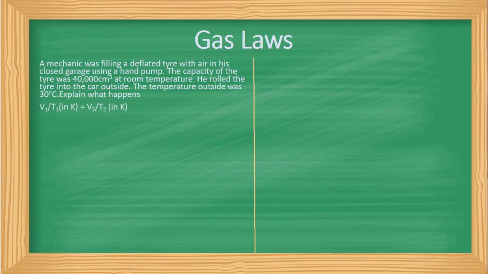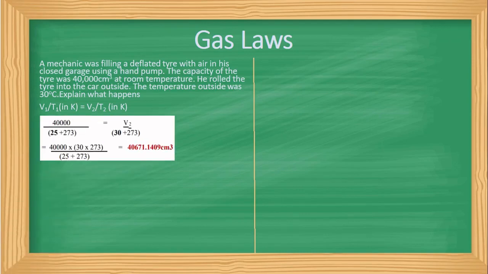This is what happens. What you do, you calculate. You use our formula V1 over T1 is equal to V2 over T2. And in our case, our V1 is 40,000 centimeter cubic, while our T1 is the room temperature, which is 25 degrees Celsius. Then our V2, that's what we are looking for, while our T2 is 30 degrees centigrade plus 273, because you need to convert to Kelvin.